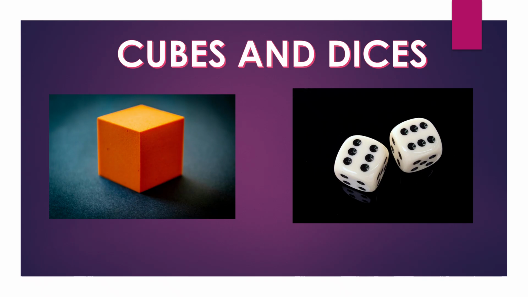Because if you look at the cube in the first picture, the face of a cube is in the shape of a square. That's why they have said 6 square faces. And all those square faces are identical also.